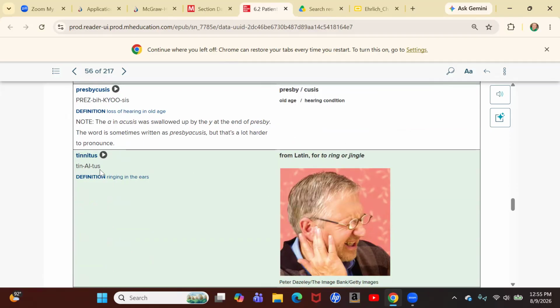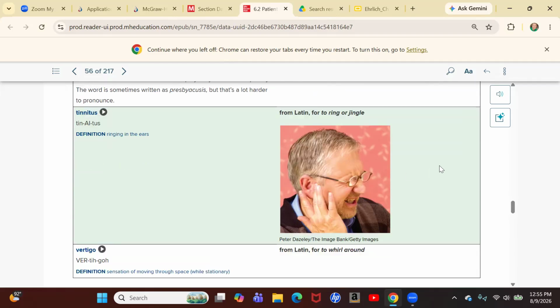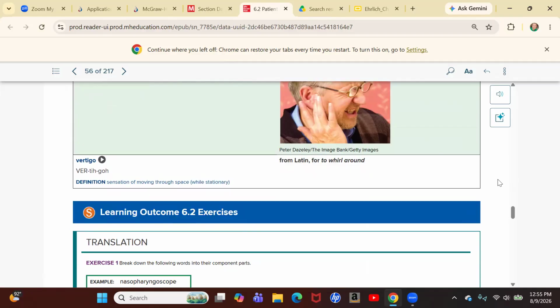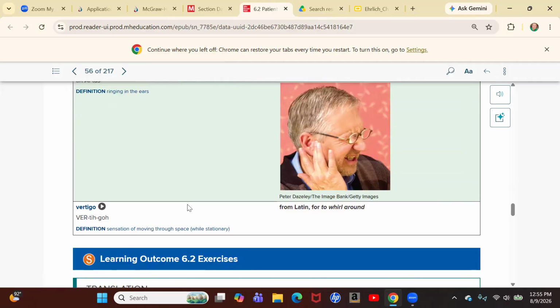Tinnitus, the ringing of the ears, usually due to overstimulation, so loud music, repetitive loud sounds, and then vertigo, that sense of dizziness, sense of moving when you're not moving. This is an abnormal imbalance of the inner ear that we spoke about earlier, your cochlea, your semicircular canals not working correctly.